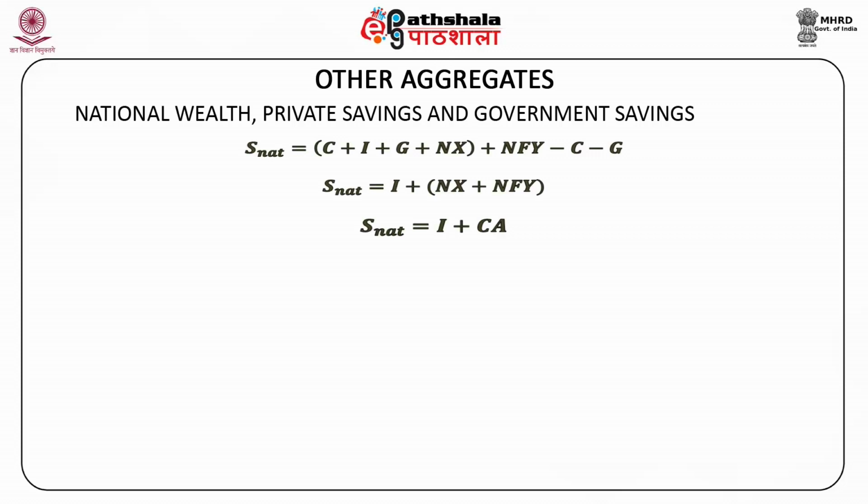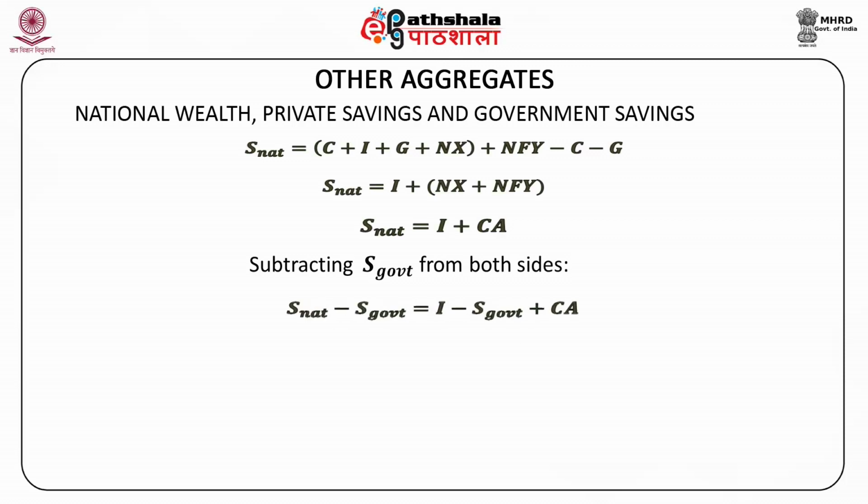Now subtracting government savings from both sides of this equation, we get national savings minus savings of the government is equal to investment minus government savings plus current account balance. Therefore, the private savings can be written as I minus government savings plus CA.